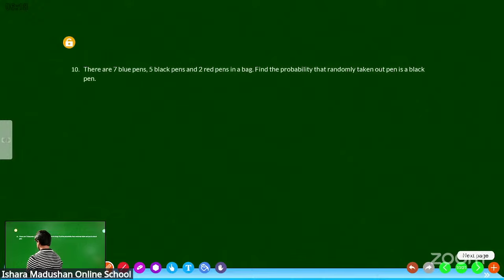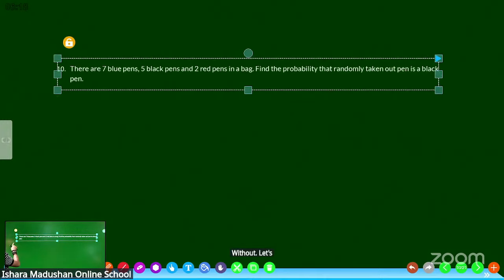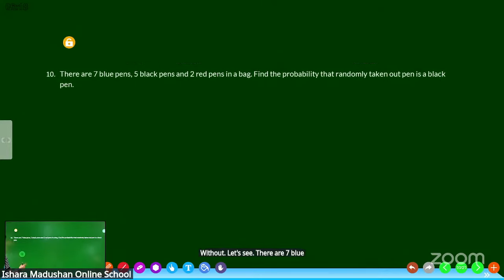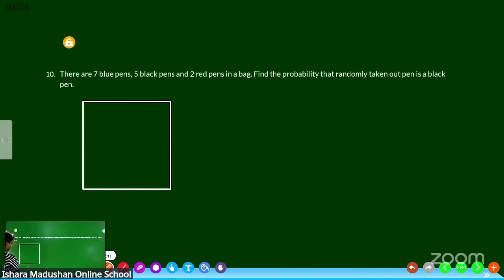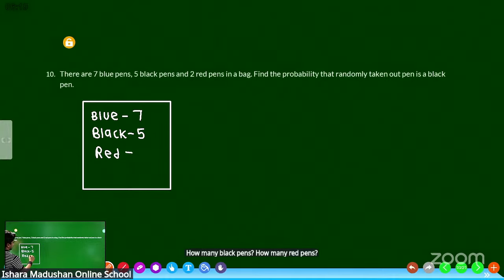Let's see. There are 7 blue pens, 5 black pens, How many blue pens? 7. How many black pens? 5. How many red pens? 2. How many pens in all? 7 plus 5 is 12, 12 plus 2, 14.